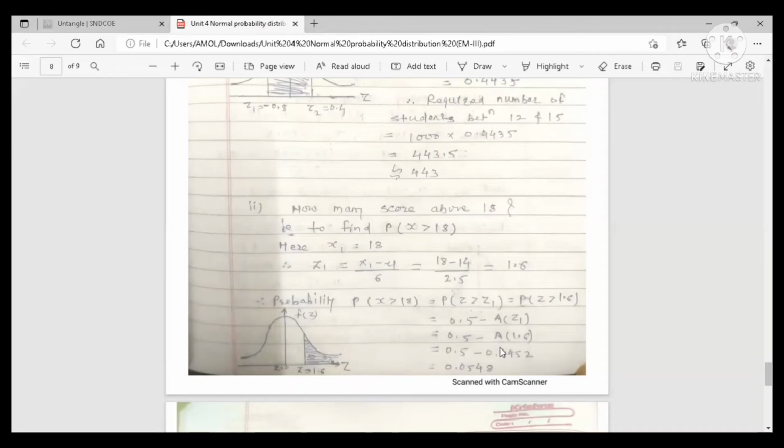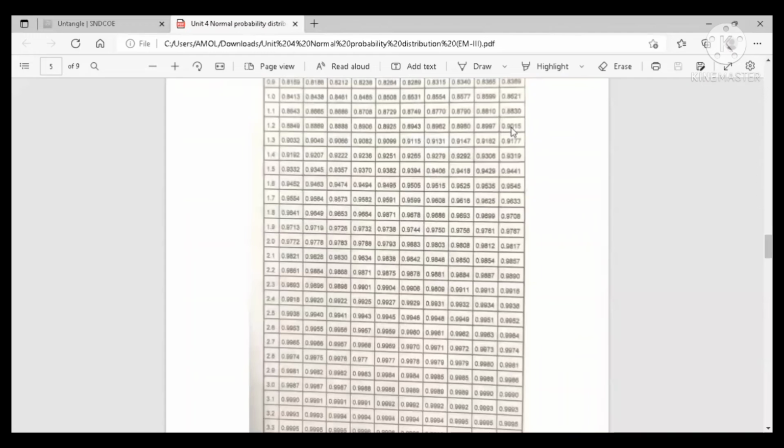Now the area of 1.6 you can calculate from the normal distribution table. You know how to find the area from the normal distribution table. This is 1.6, and the difference is 0 because the value is only 1.6, so the area is 0.9452.